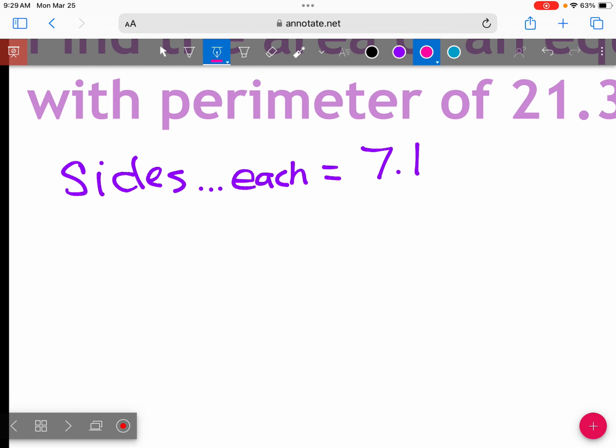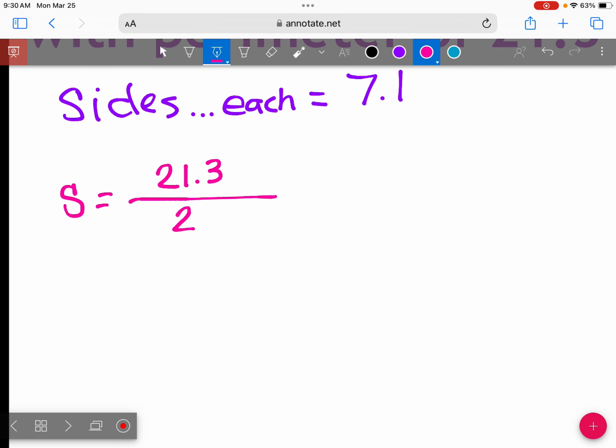So in order to find our area, we still need to know our semi-perimeter. Well, this time I know my perimeter is 21.3, and to get my semi-perimeter, we divide it in half. So the semi-perimeter is going to be what? It's 10.65.